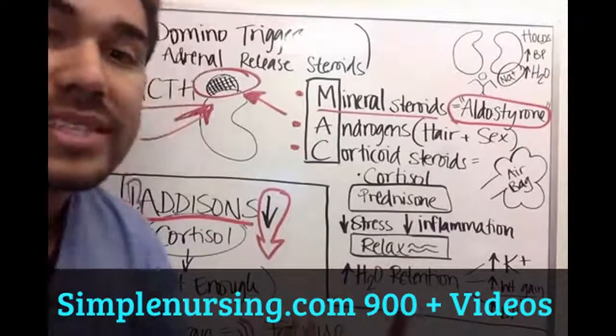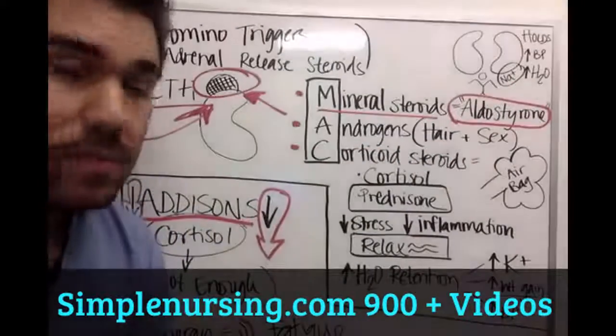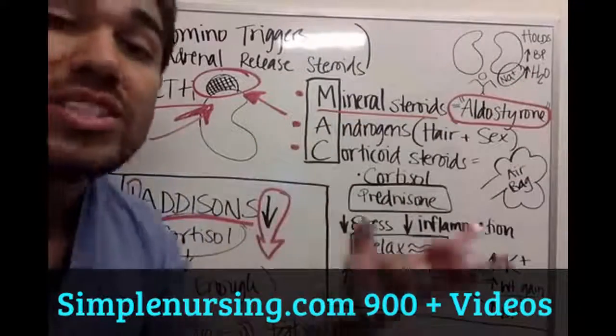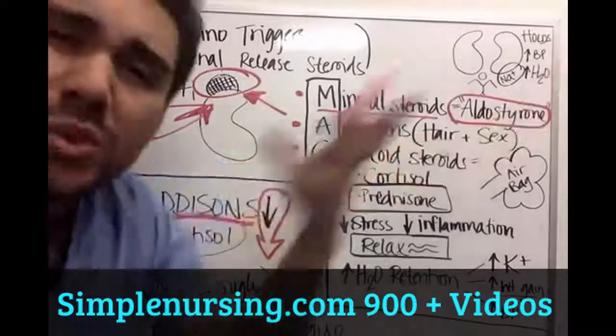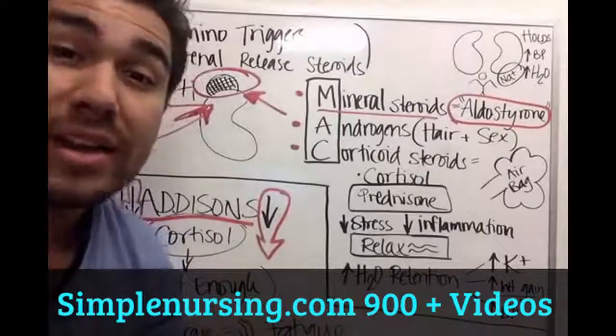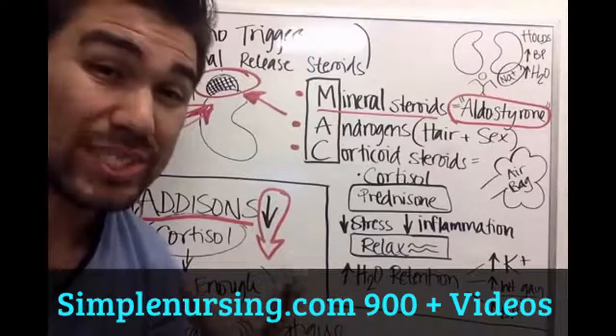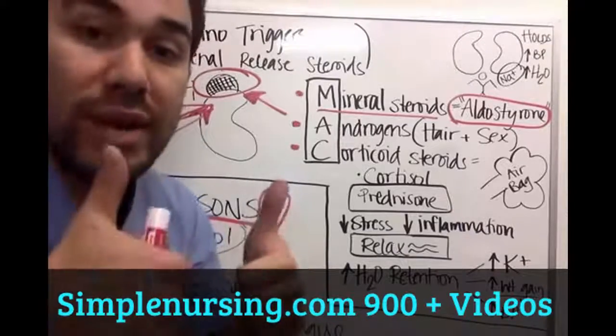He's the hormone that says, hey, we need to hold on to sodium. Once sodium is held on, we're retaining water. Once we retain water, we are increasing pressure in our vascular system, so that increased pressure causes your blood pressure to rise.